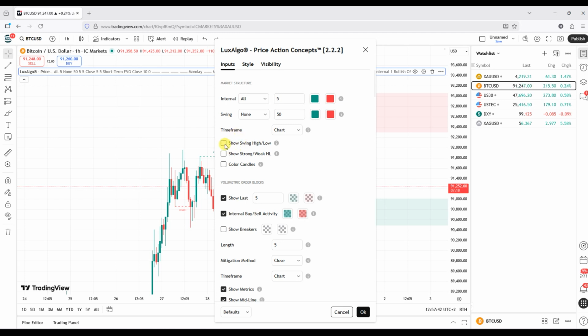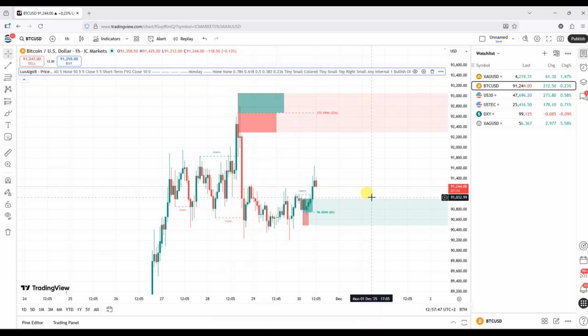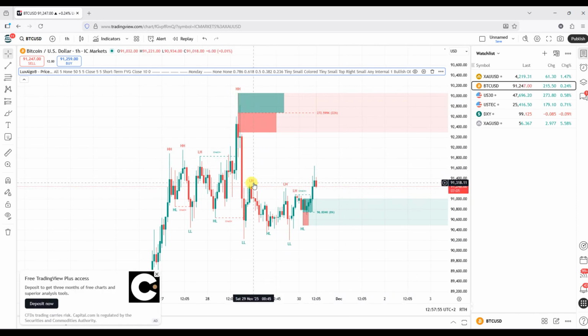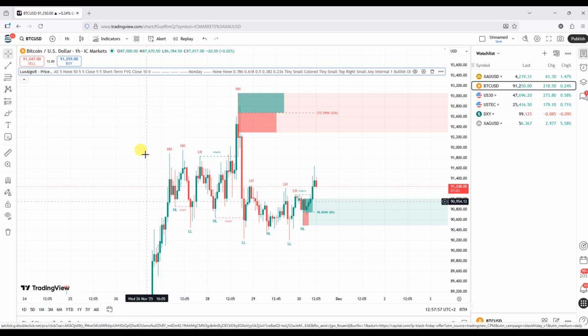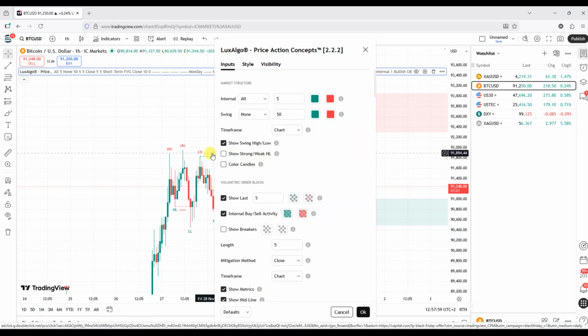Let's check show swing high low and click OK. Now we can see the higher high and the lower low. Now let's go to show strong highs slash weak highs lows and color candles.